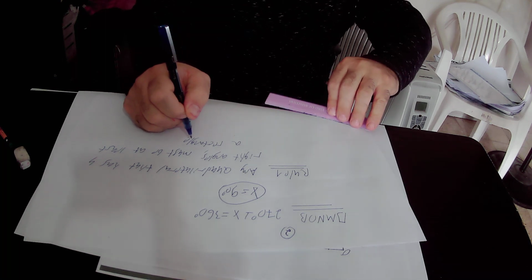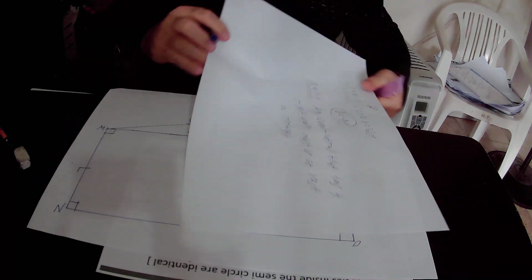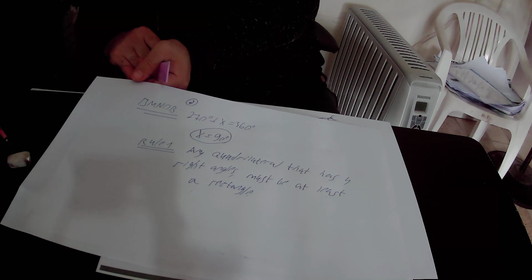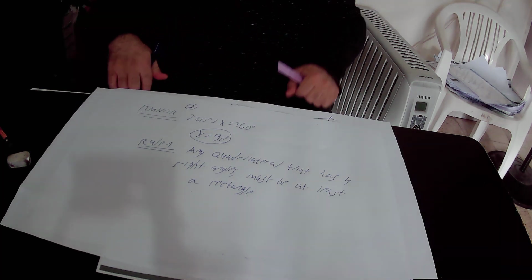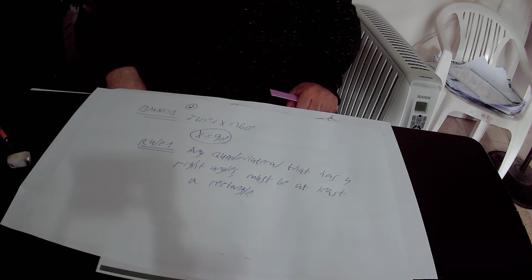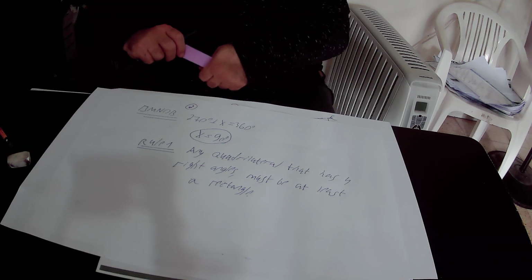According to rule number 1, any quadrilateral that has 4 right angles must be at least a rectangle.